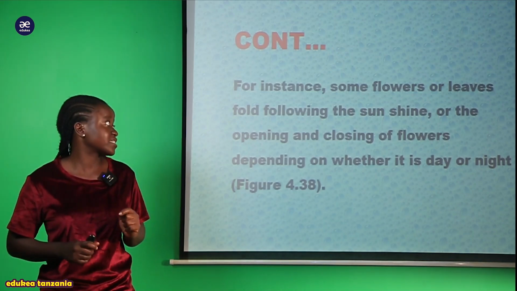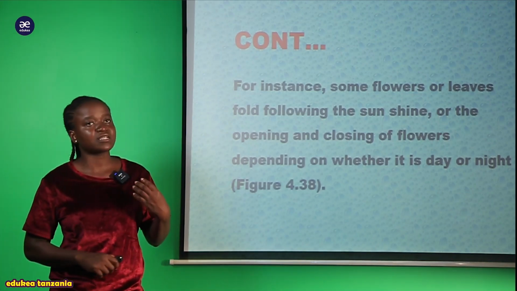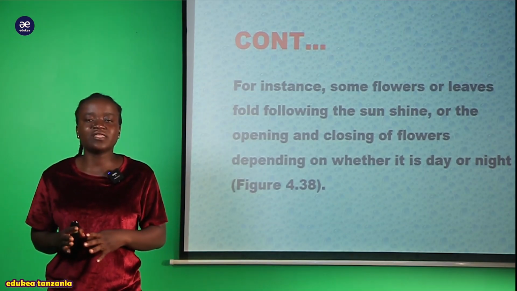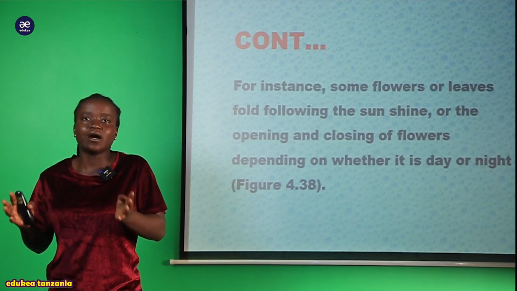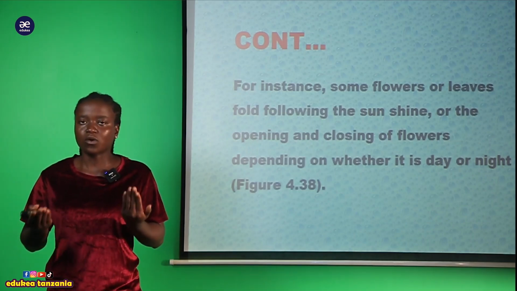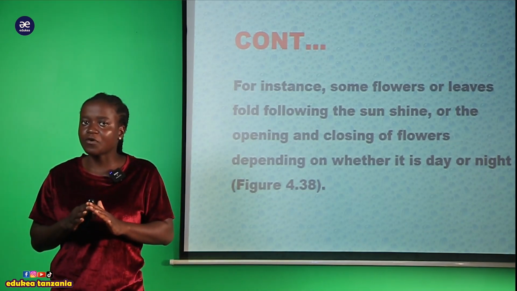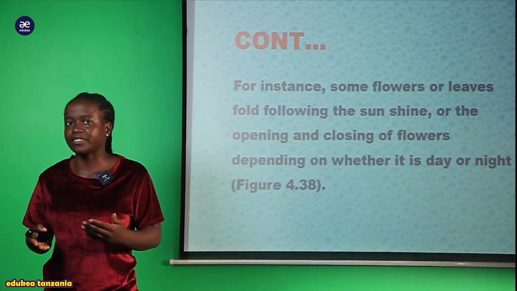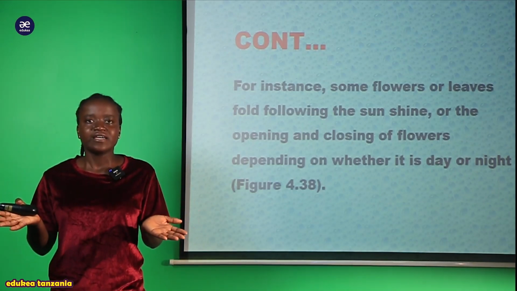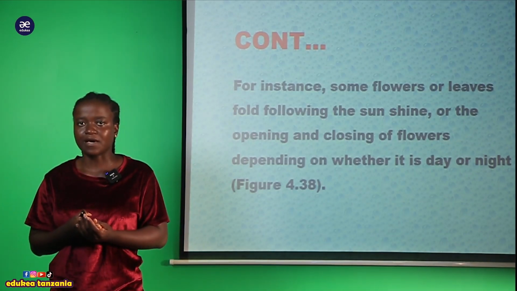But not only that, they close when there is an absence of light. Pale ambapo panakuwa hamna uwepo wa mwanga, unakuta ile mmea inajifunga au yale maua yanakuwa yanajifunga. Lakini when there is a presence of light, you can see that the flower opens up its petals.